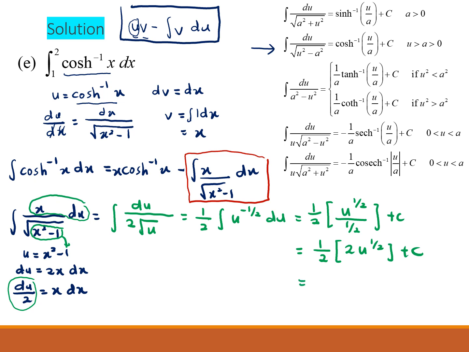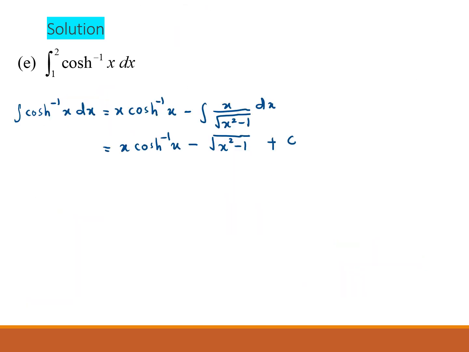Next, don't forget to substitute u with x squared minus 1, because we represented u as x squared minus 1. Oh, this one can be cancelled out. So we get the square root of x squared minus 1, plus c. Now we have solved this second term. So we rewrite the solution back, and I simplify all this.